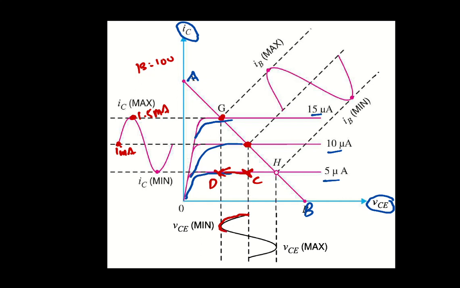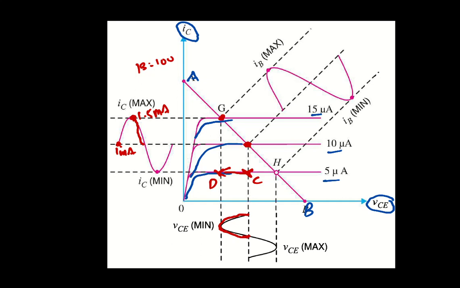Then when the collector current decreases from the positive maximum to 0, the collector emitter voltage increases from the negative maximum to the 0 value.